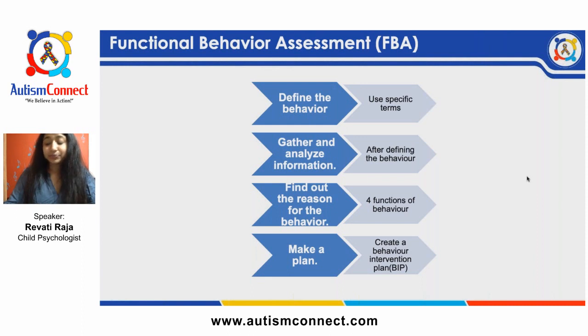avoidance, and tangible, right? So if the child is doing things that are automatic in nature, for example hand flapping behaviors, head banging behaviors, even grinding of teeth, all of these are automatic reinforcers.